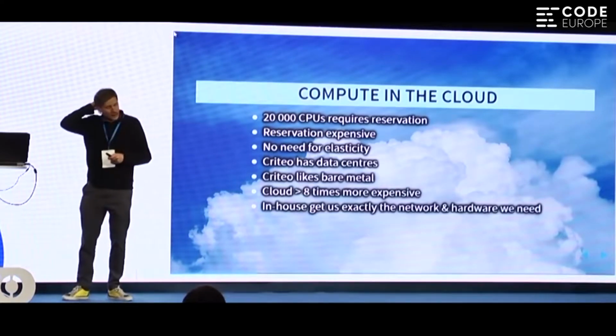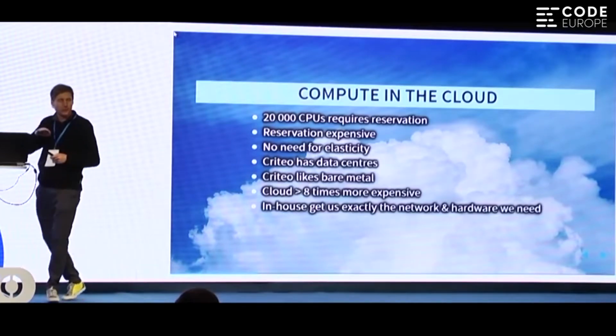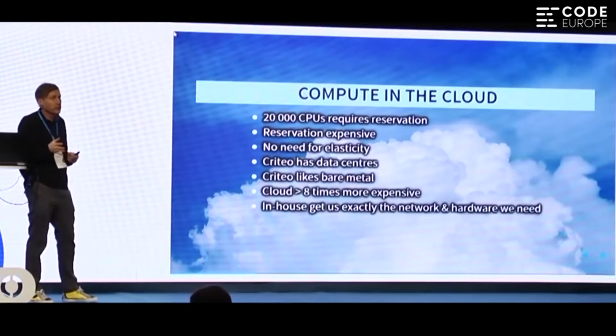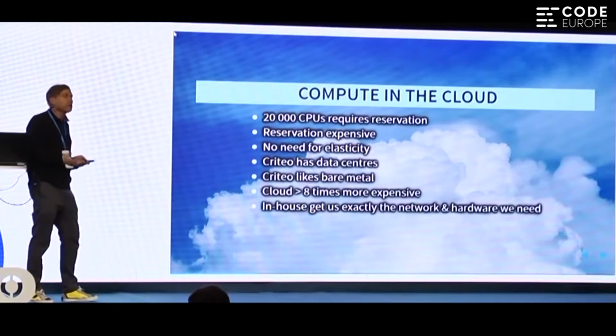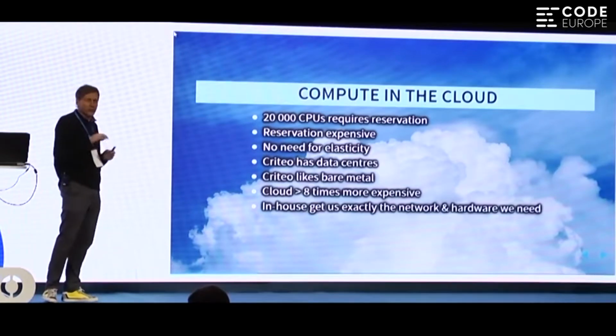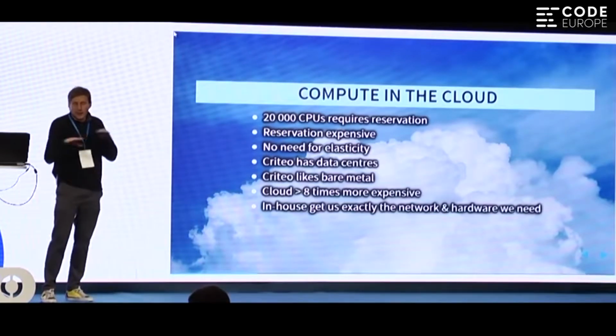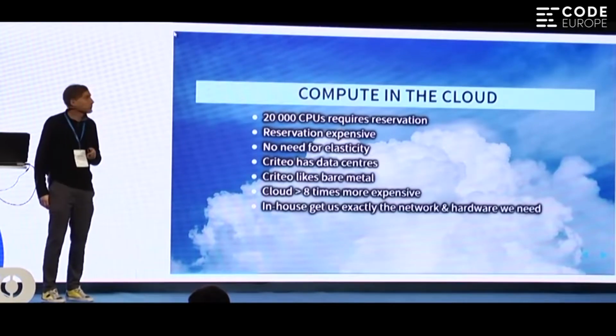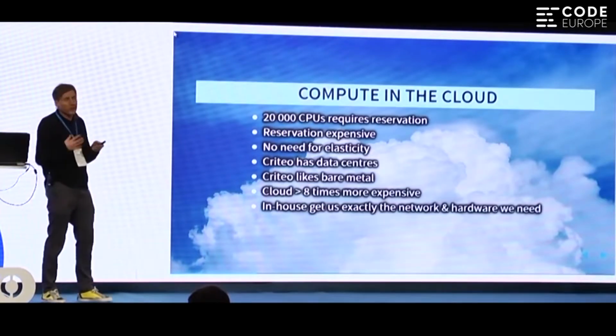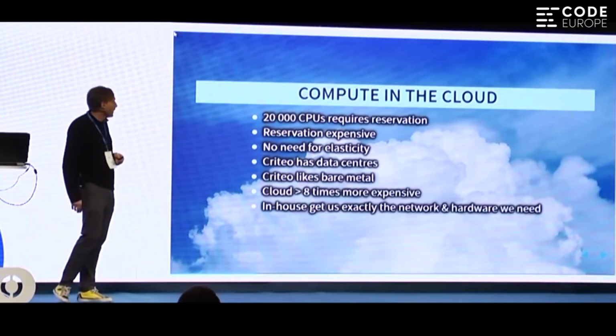And working in the cloud is very useful when you have some sort of elasticity in your compute demand. Sometimes you compute a lot, a bit later you compute less, but we don't have that. Our data centers run at 100% most of the time. So there are no spare resources to return, to stop paying for at any time of the day.